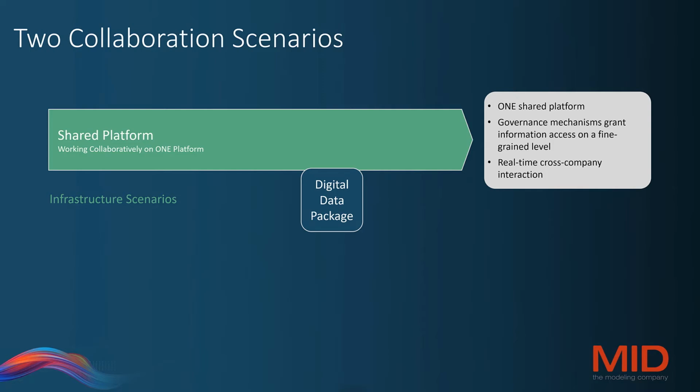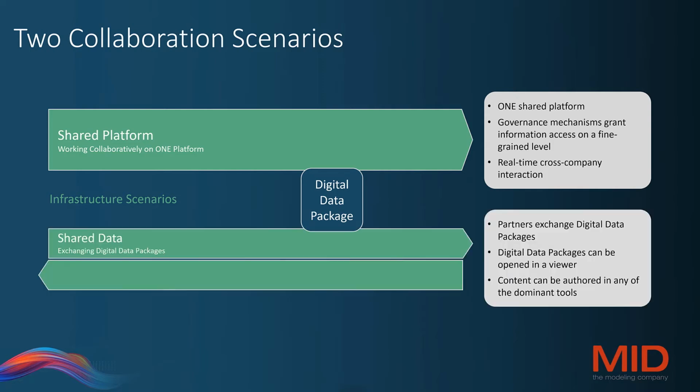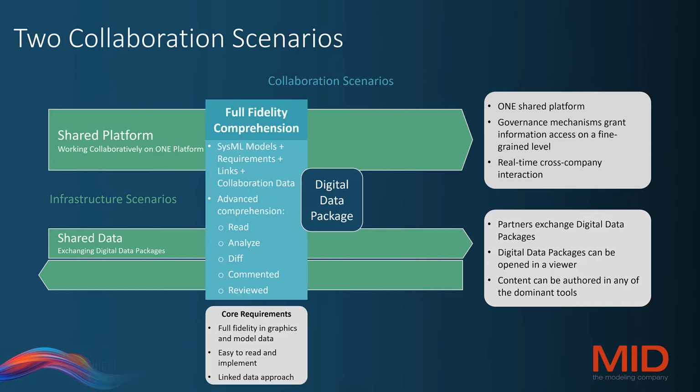The infrastructure scenario number two would be based on shared data. So the partners use the digital data package to compile cross-domain engineering information and exchange it via a secure communication channel. As stated before, we aim to implement two collaboration scenarios. So number one being the full fidelity comprehension.